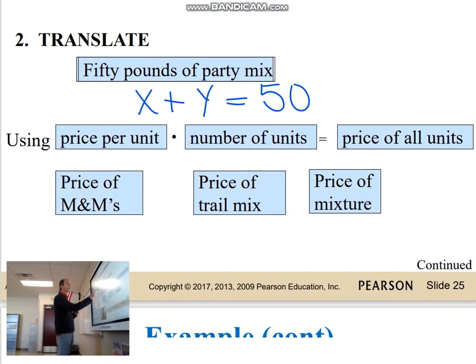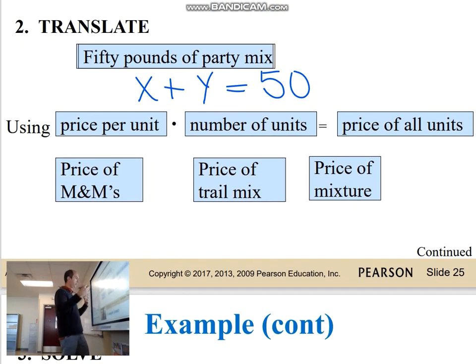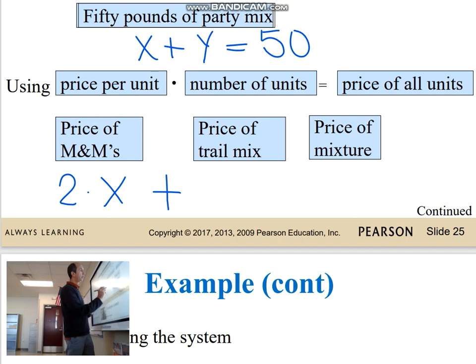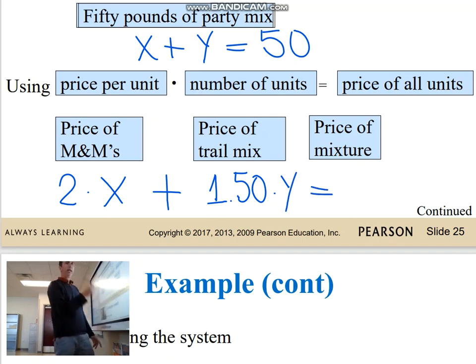If you add x and y, the total amount is 50 pounds. The price of M&Ms is 2. You multiply by the amount of M&Ms, x, and add the price of trail mix, 1.50, multiplied by the amount of trail mix, y, needs to equal what? 1.80 times the total amount of 50 pounds.